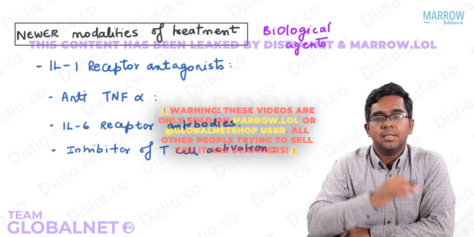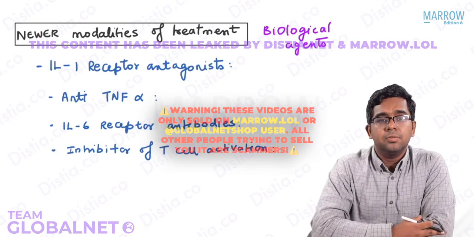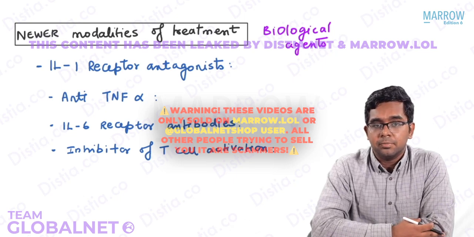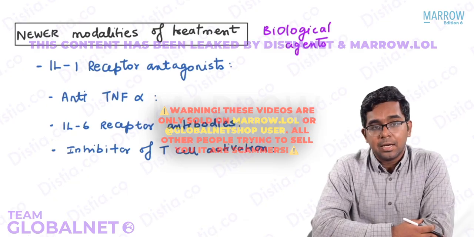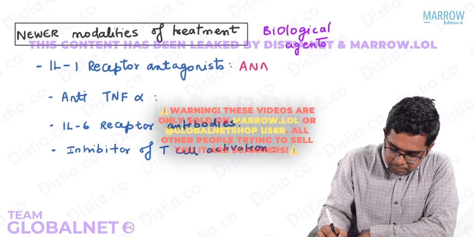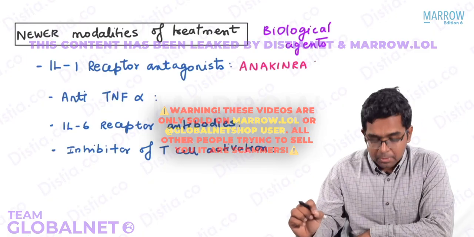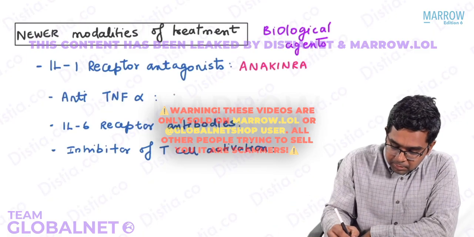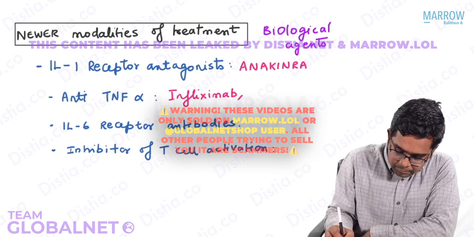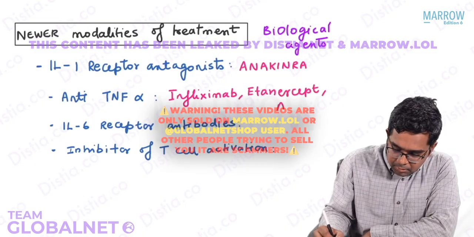This is based on the fact that there are a lot of inflammatory mediators which are causing arthritis in this condition. So if you can use some drugs against those inflammatory mediators, then this condition can be controlled. One such is the interleukin 1 receptor antagonist called anakinra. Next are the drugs directed against tumor necrosis factor alpha, with typical examples of infliximab, etanercept, and adalimumab.